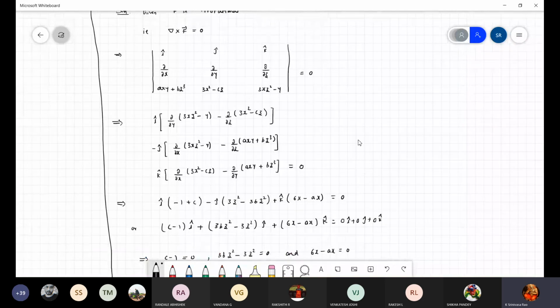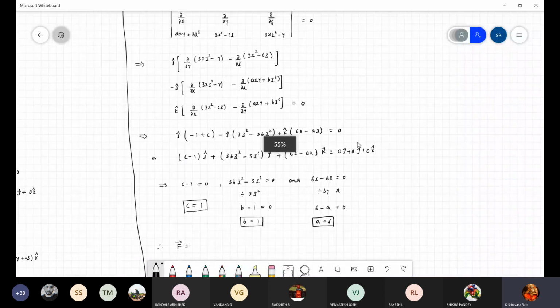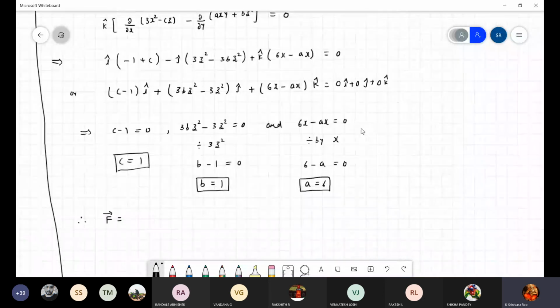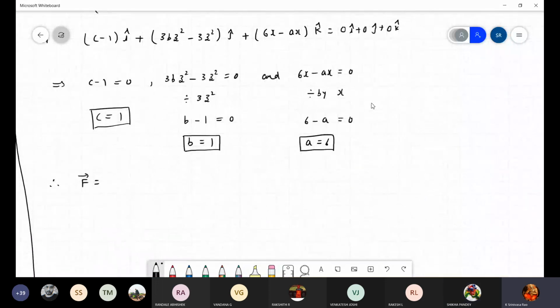Anyone just dictate, I will write. 6xy plus z cube i cap, plus 3x square minus z j cap, plus 3xz square minus y k cap. This is our problem. Is it right?